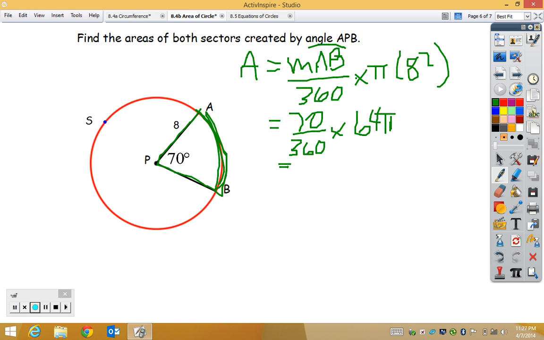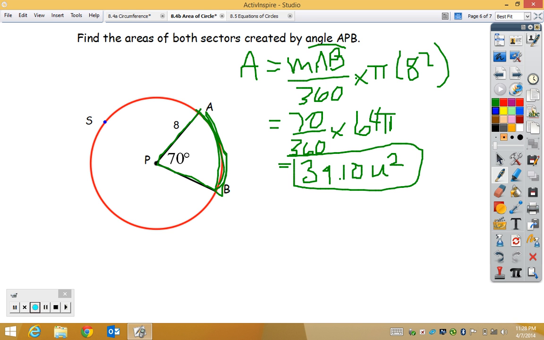Multiply that through, and we get our answer to be 39.10, so 39 and 1/10 square units.